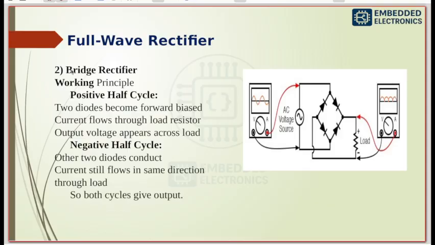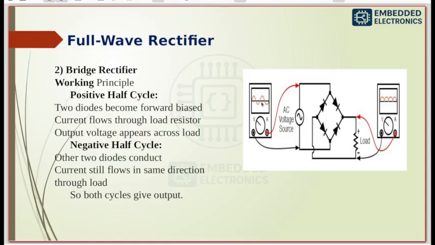But in the case of the bridge rectifier, we are not using a transformer. Instead, we use 4 diodes in the form of a bridge. During the positive half cycle, 2 diodes become forward biased, so current flows through the load resistor and output voltage appears.